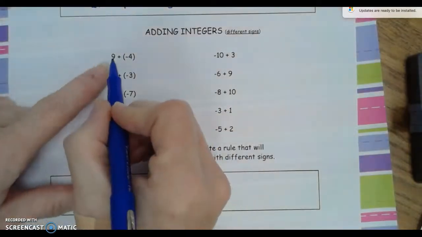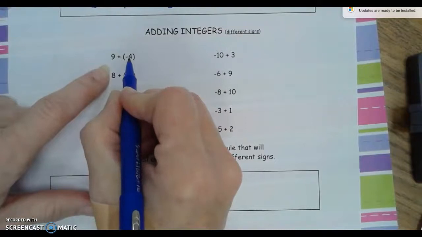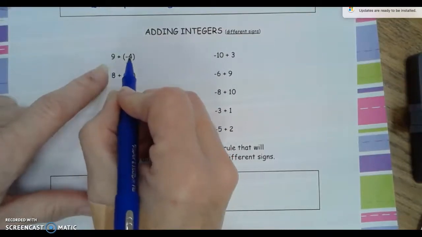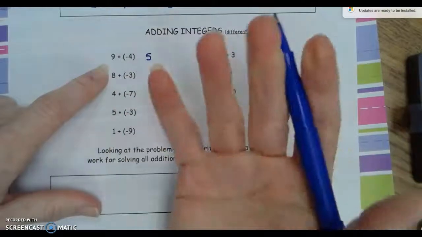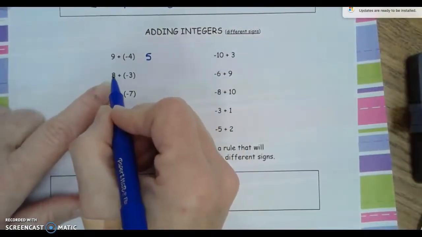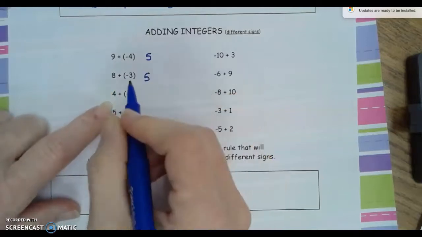If I had $9 in my pocket, and this says negative 4, so say 4 of them fell out, then you still have $5. You're still at positive 5. If you had $8 in your pocket and you lost 3, you're still at 5.